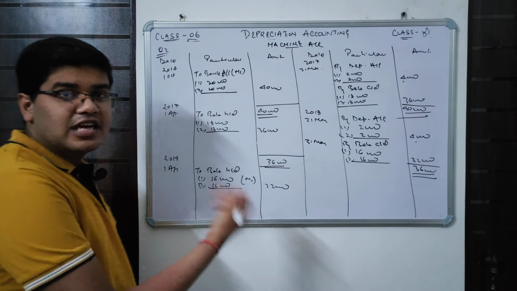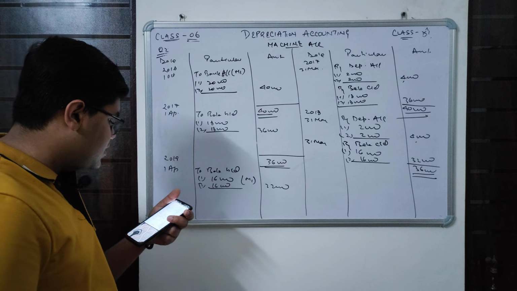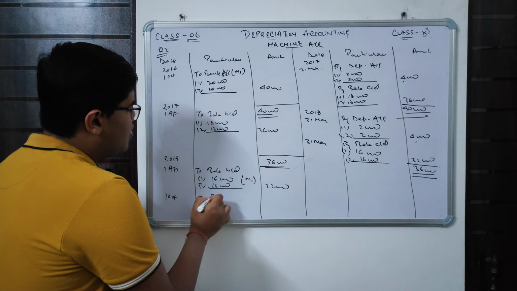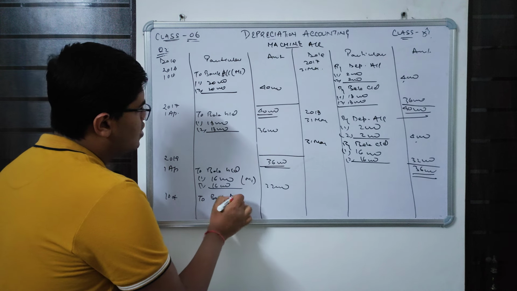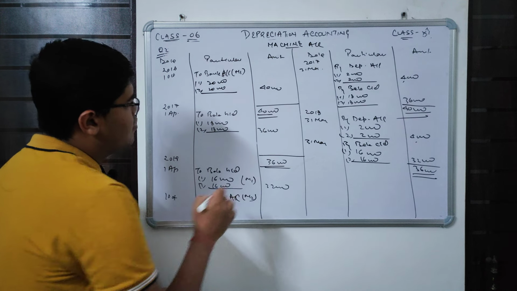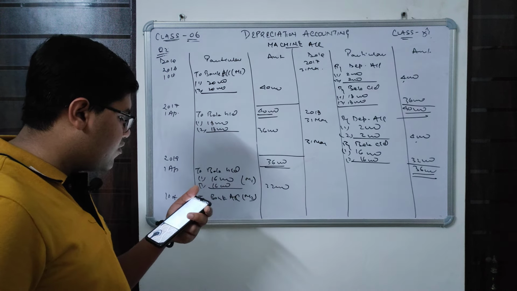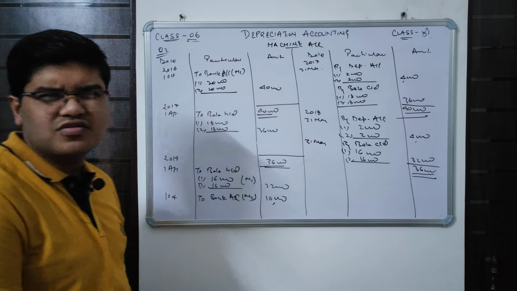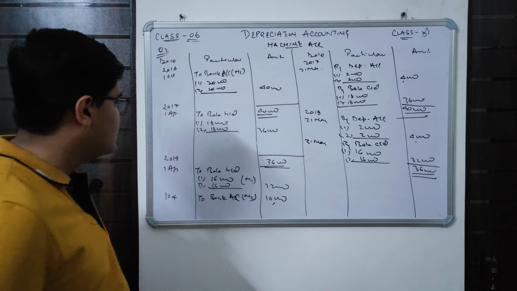Now we have purchased another machinery on 1st of October 2018. So we'll write it to bank account, that is M2. M2 is created for rupees 10,000. Machinery 2 we have purchased for rupees 10,000. It's a simple calculation, you can do it very easily.